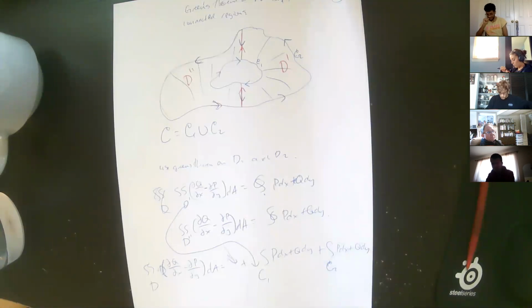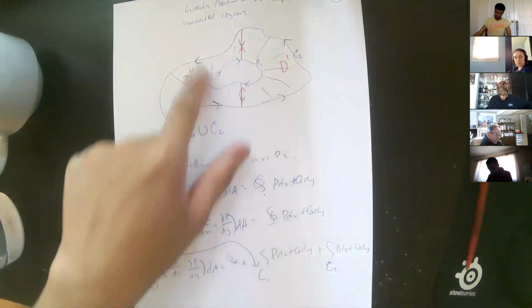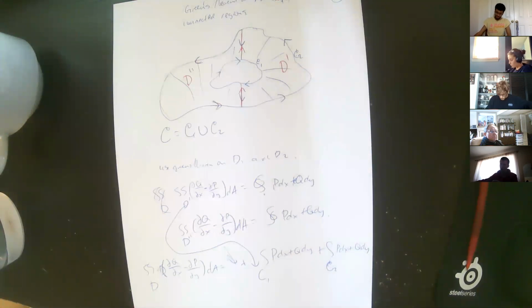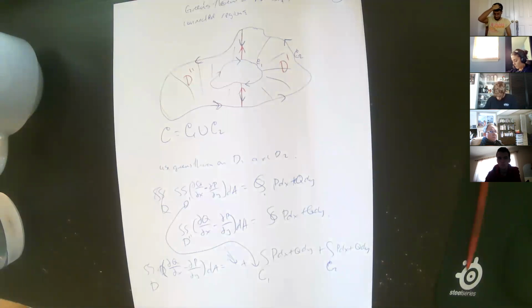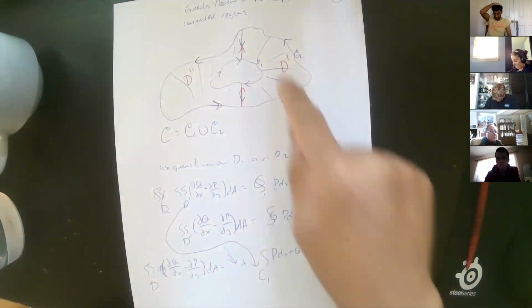One thing I want to say is that this idea is really, really useful. There are some nice examples of why this is useful later in the book. I didn't get to them, but it allows us, in some senses, to disregard what happens here.